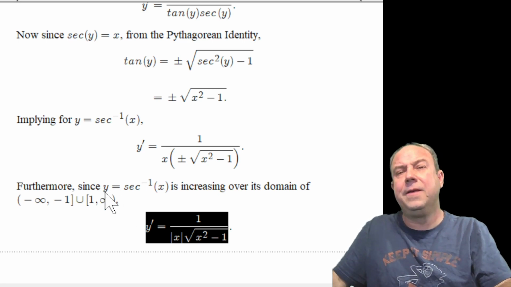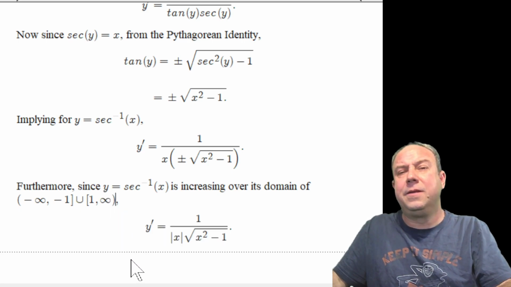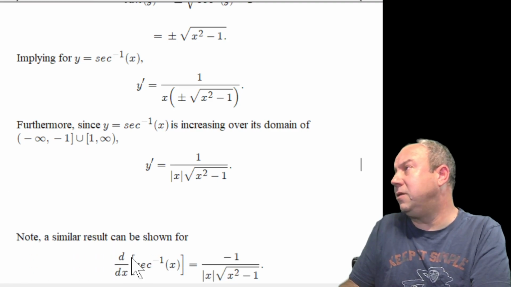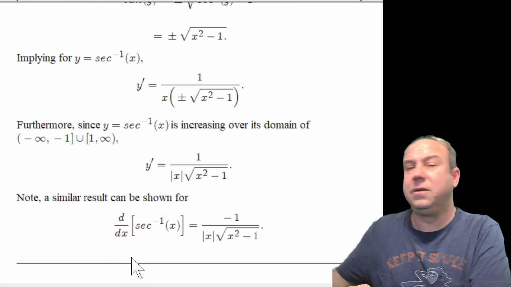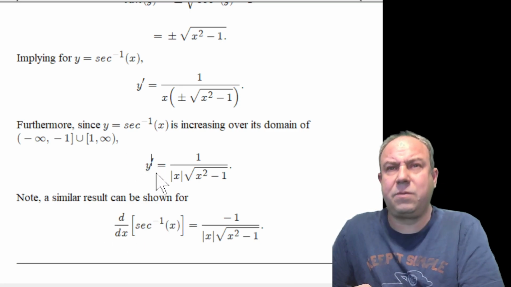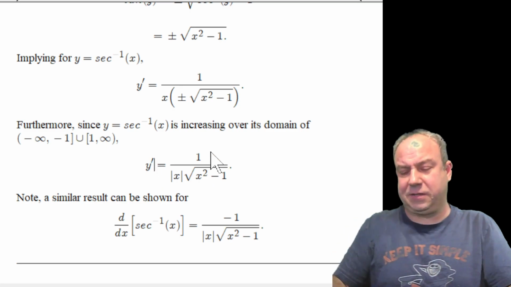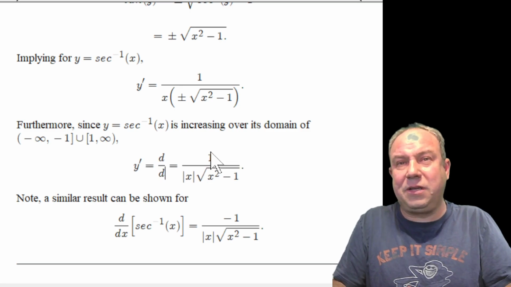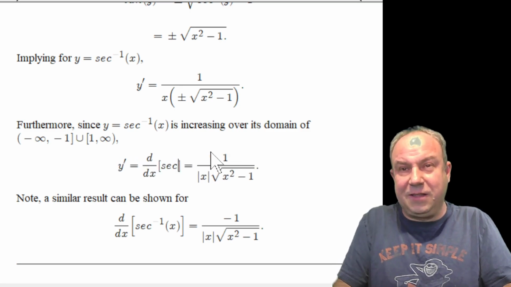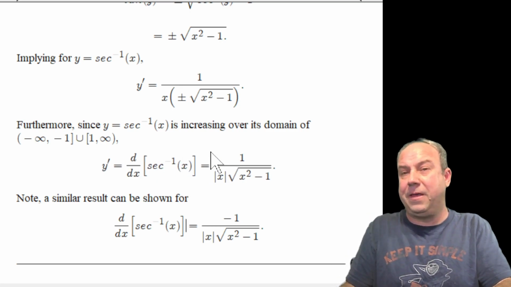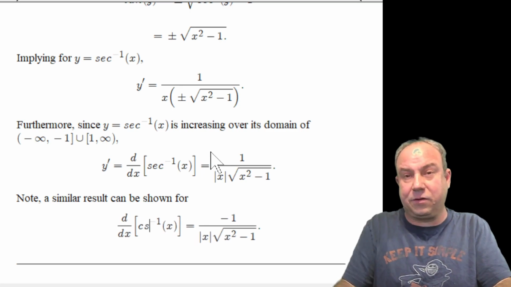All right. We do see a similar result for the secant inverse. I'm way off here. Let's fix this. Man, I really did miss this at the end, didn't I? This should be the secant inverse of x equals this result. And this should be the case for the cosecant inverse.